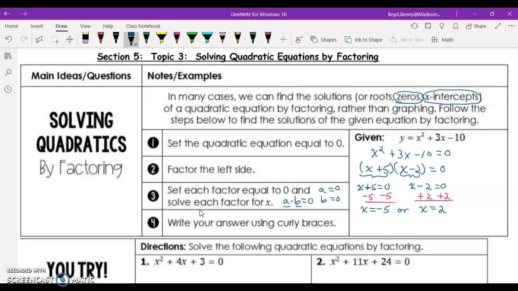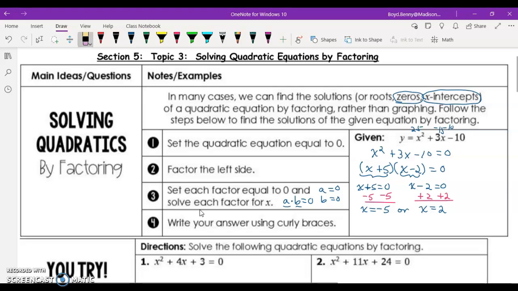Okay, so does that work? Well, let's see. If we put negative 5 in here, negative 5 squared would be 25. And 3 times negative 5 would be negative 15. 25 minus 15 is 10, and 10 minus 10 would in fact equal 0.